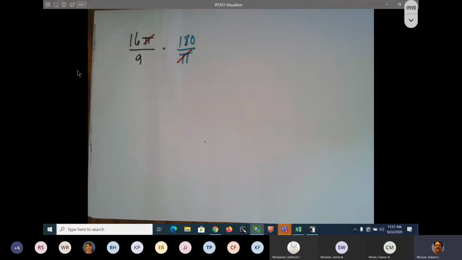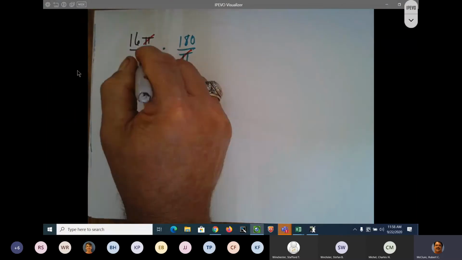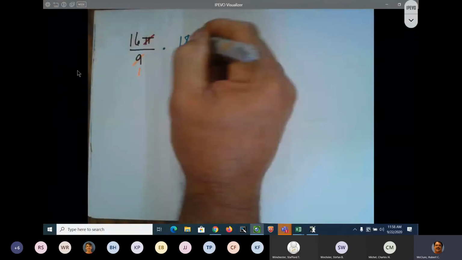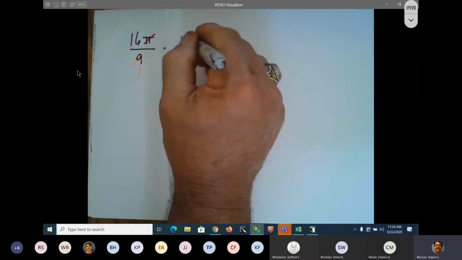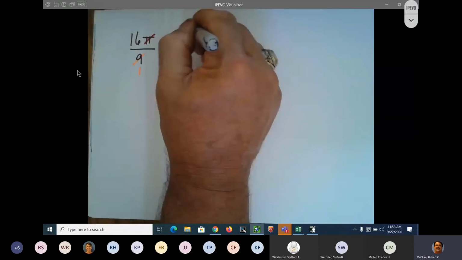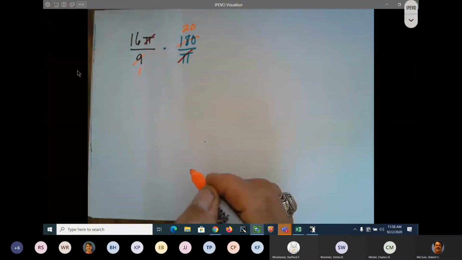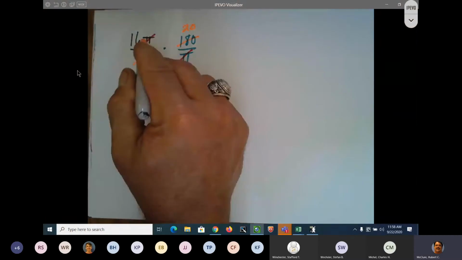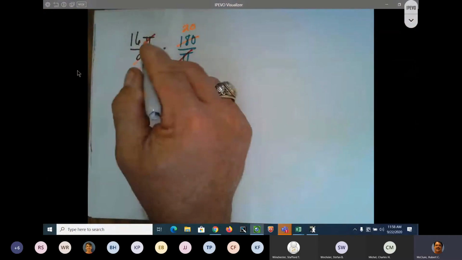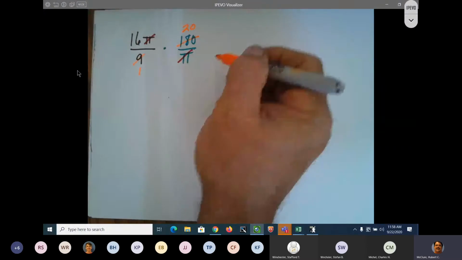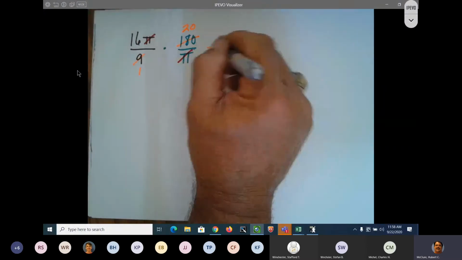So that's going to be 9 will go into 9 one time. 9 will go into 180 20 times. And 2 times 16 is 32 with a 0 is 320 degrees. Somebody check me on that.